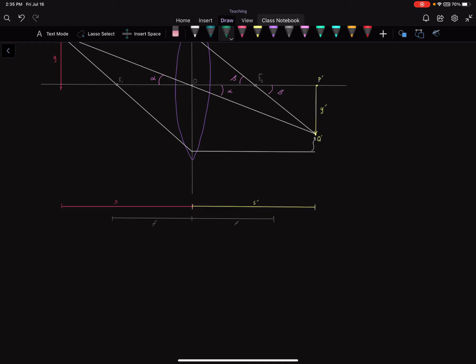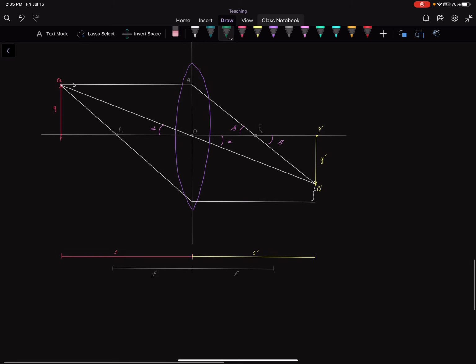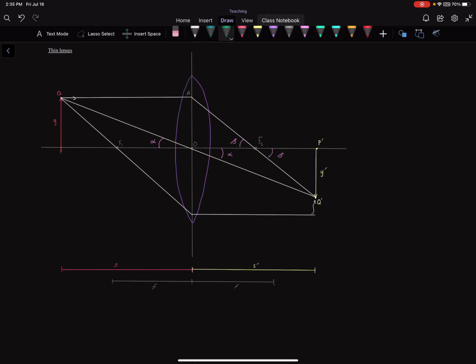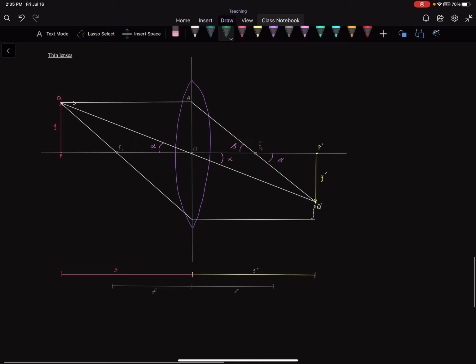So if you are a lens maker, you need to know how to make the lens according to certain specifications, and it requires a really interesting derivation to arrive at. But in the end, it gives you a relation between not only the object distance and the image distance, but it also relates the indices of refraction and the radius of curvature.